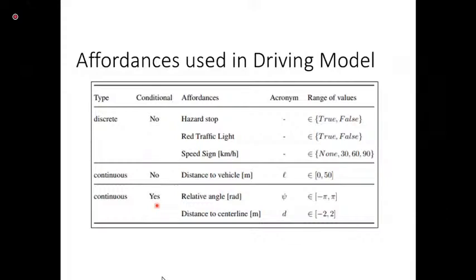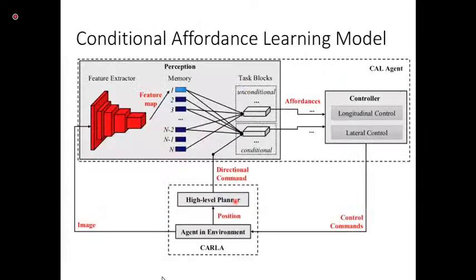These are conditional affordances because if your next waypoint is trying to take you to the left or to the right, then that information should be available to you at the time of prediction of the relative angle. Otherwise, you will not be able to predict the relative angle. Okay, so you will be able to predict the relative angle conditioned on the next waypoint direction.